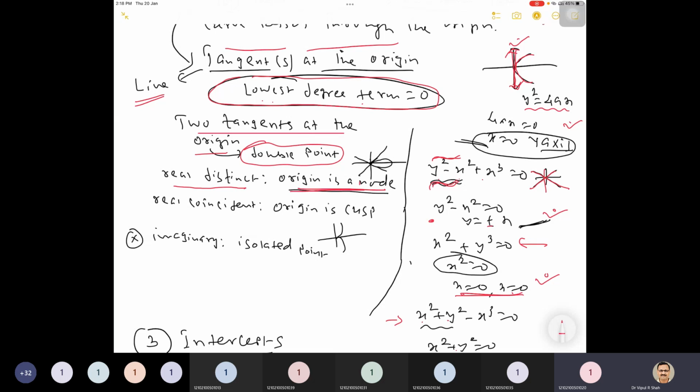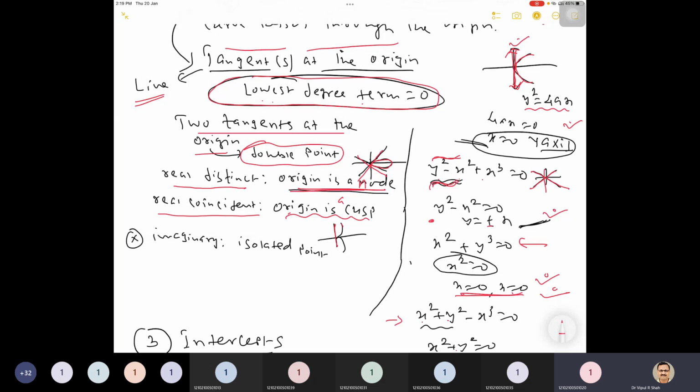There is a technical name. Node means two tangents real and distinct like this. So the origin is a node. If they are real and coincident like this, then you call the origin a cusp.